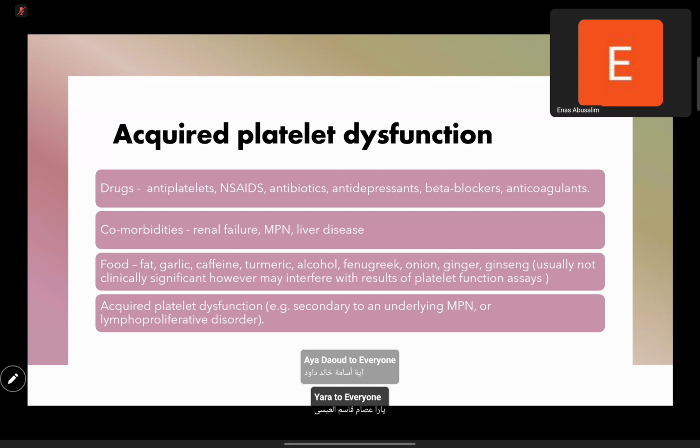And then we need to ask about prior hemostatic challenges. What a hemostatic challenge means is a challenge to the hemostatic system, either primary or secondary hemostasis. The best challenge is if the patient's had any prior invasive procedures or surgical procedures. So if I have a patient that comes with easy bruising and I ask if they've had a prior surgery and they said, well, I've had a cholecystectomy, for instance, 2 years ago.